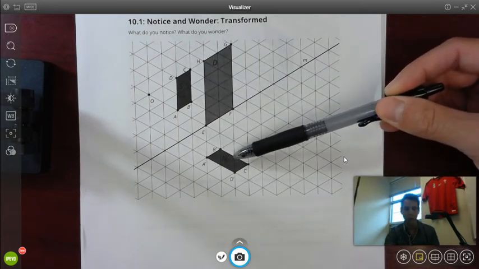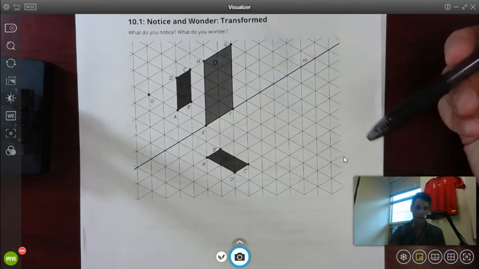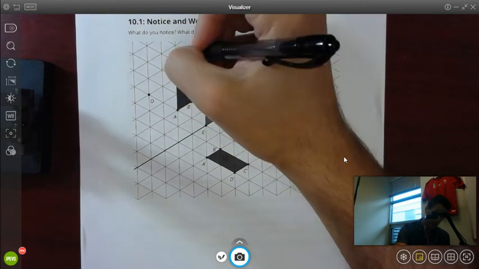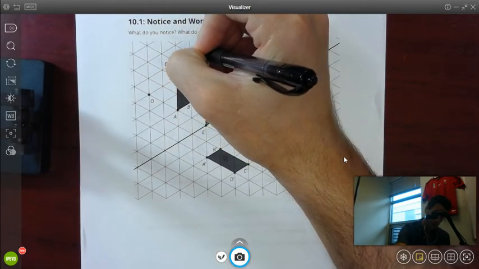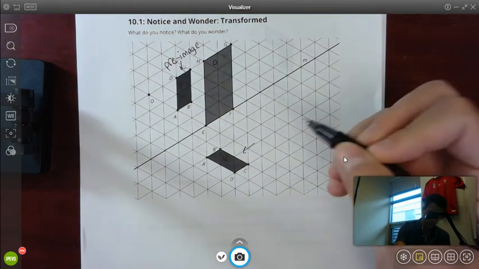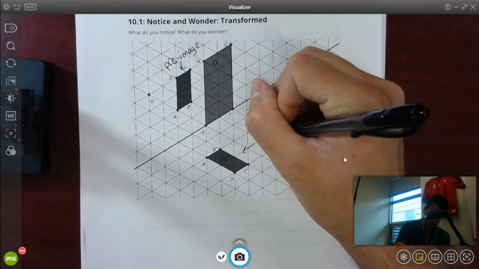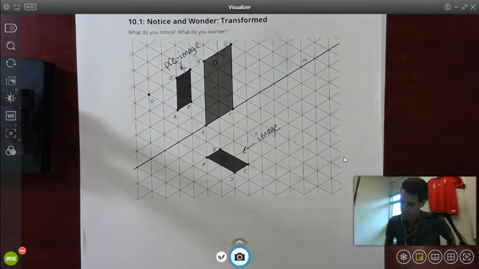When you have moved a picture, there are names for that. You could label this smaller one as the pre-image, and then you could say this parallelogram here is the image after a transformation has happened.